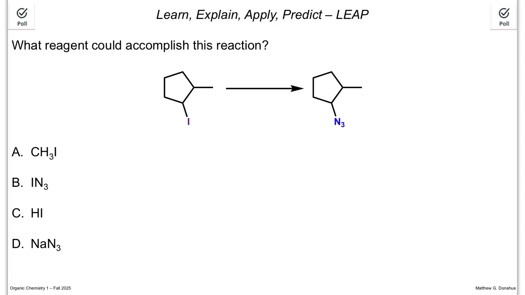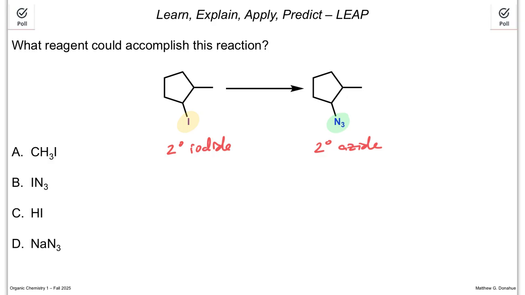So here we have a secondary iodide that has been substituted for an azide.